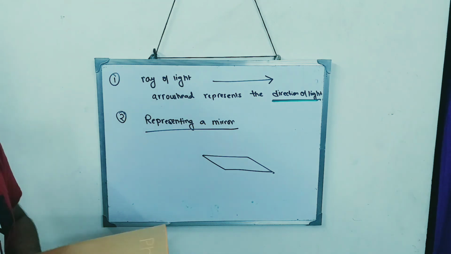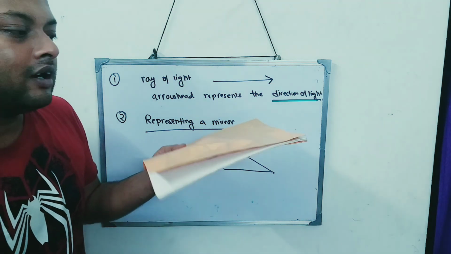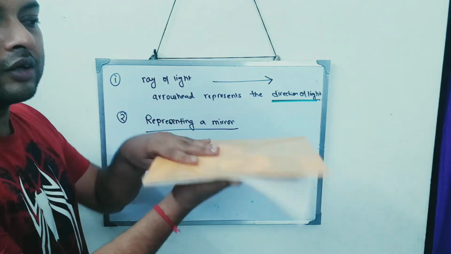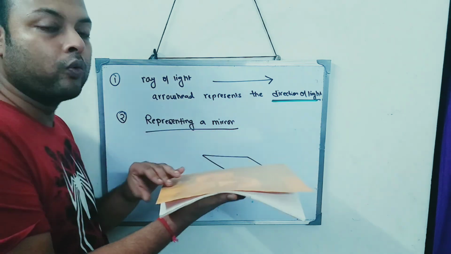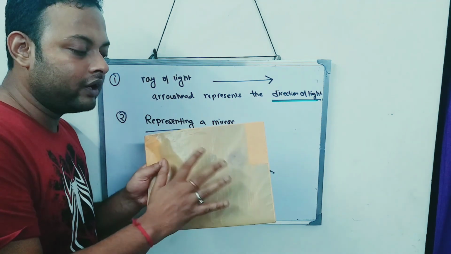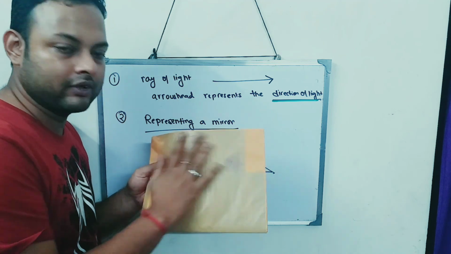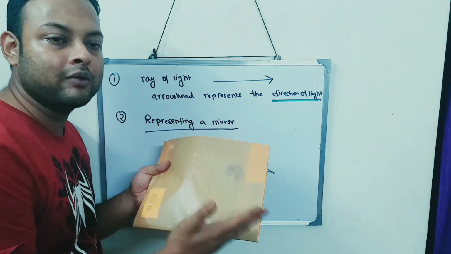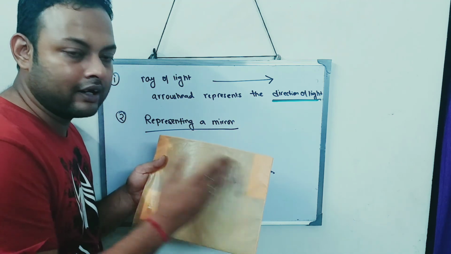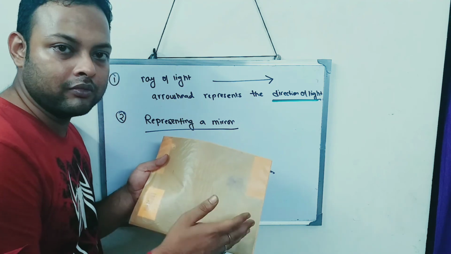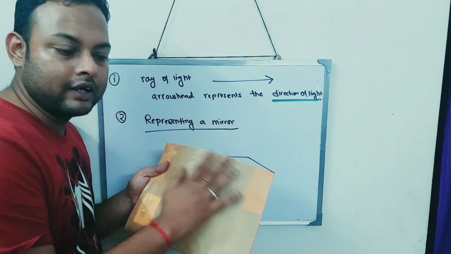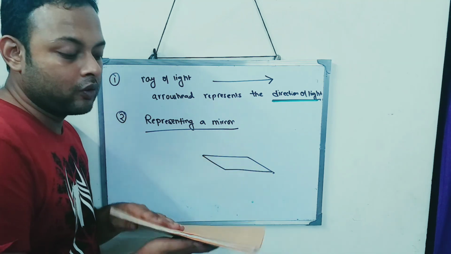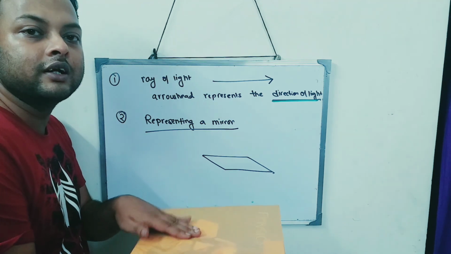If I consider this book as a glass, now I have two surfaces: this bottom surface and the top surface. What I do is on any one surface, suppose this bottom surface, I coat this surface with a layer of aluminium or silver. If I do it, this surface is not the reflecting surface. The opposite surface becomes the reflecting surface.